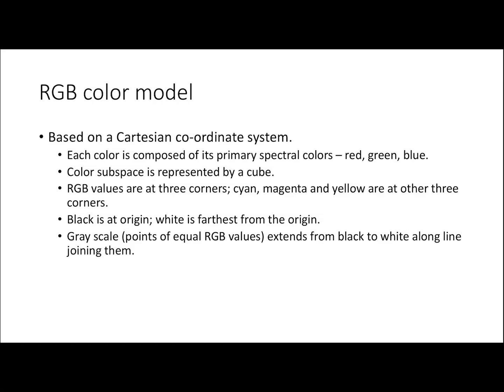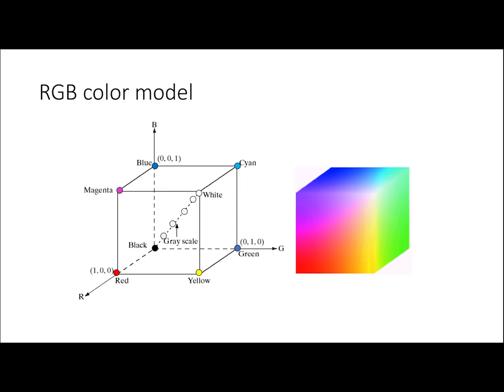Now this RGB color model is based on the Cartesian coordinate system, where the red, green and blue components are placed along the coordinate axis.